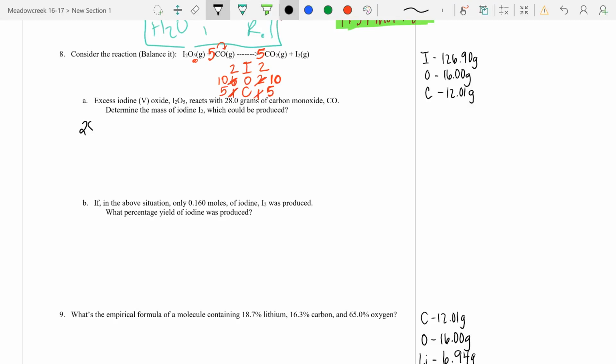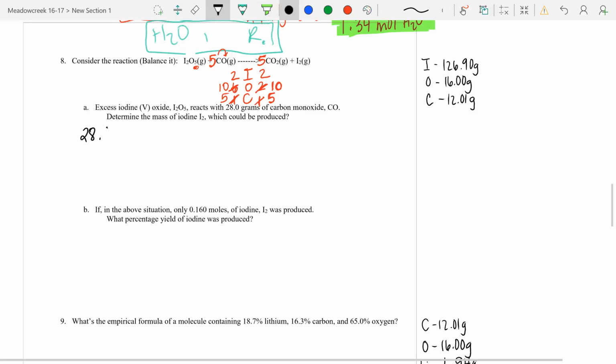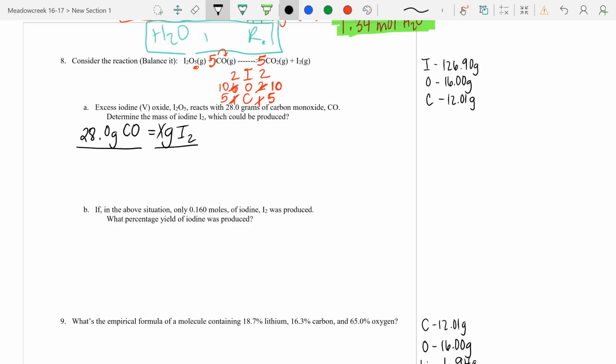We're given 28.0 grams of carbon monoxide, and they want to know the mass, which is grams, of iodine. So we've done step 1, which was write down our given, and step 2, which was put equal to X, find. In step 3, we bring it on down. So I'm going to bring down grams of CO and grams of I2.